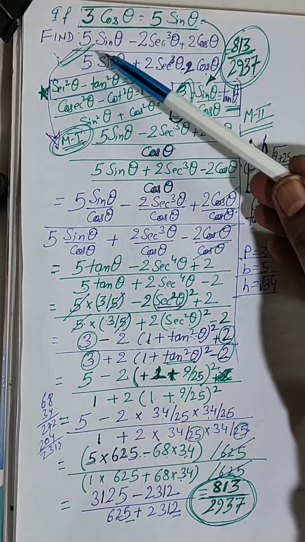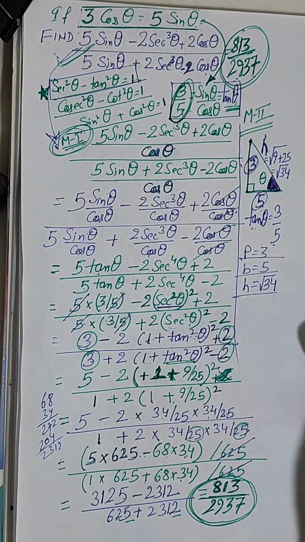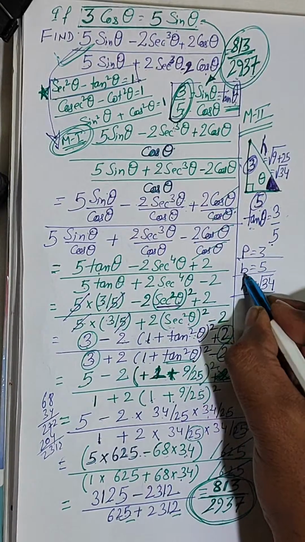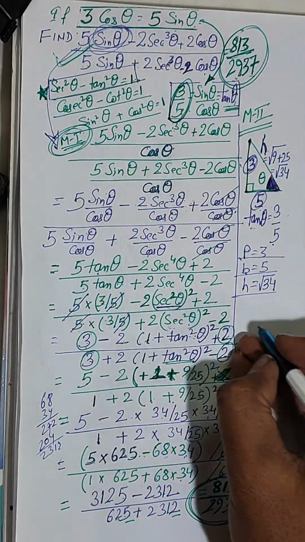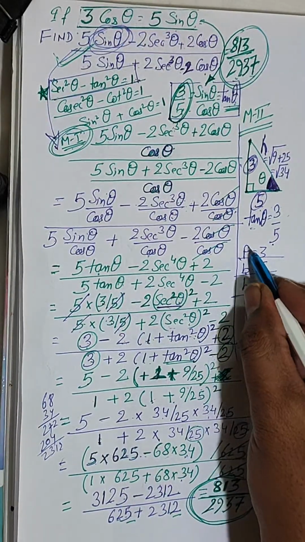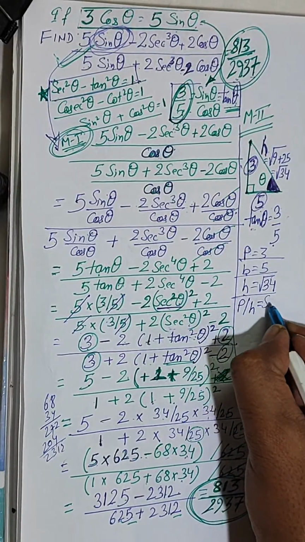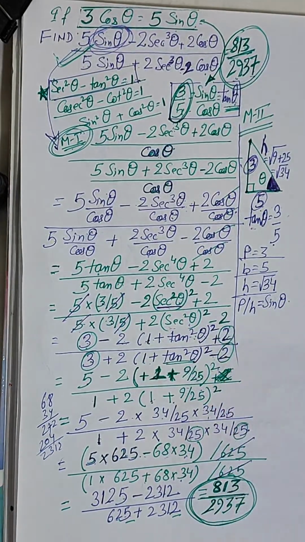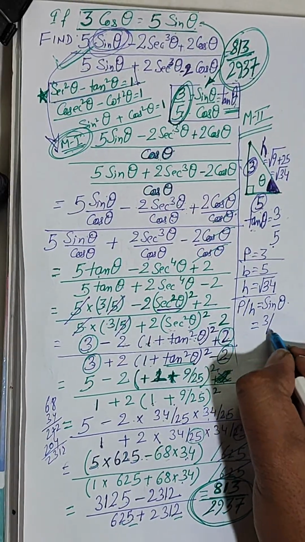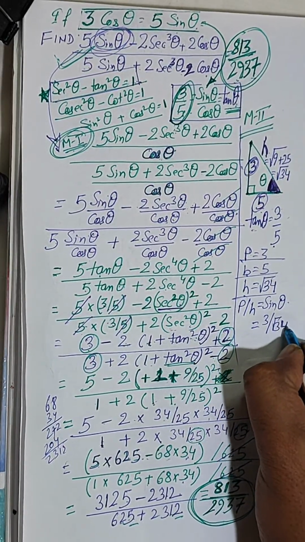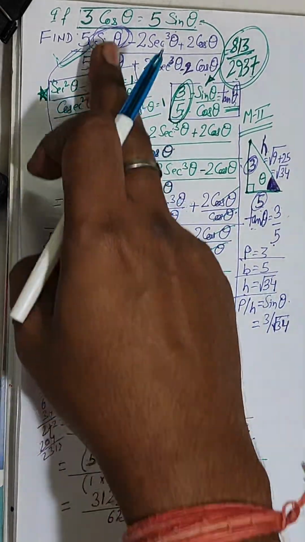We need to find the value of 5 sine theta minus 2 sec cube theta and so on. So p by h is the value of sine theta, which is equal to 3 by root 34. Just put up this value over here.